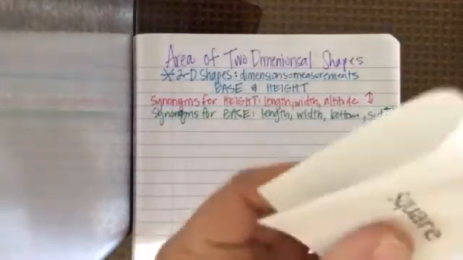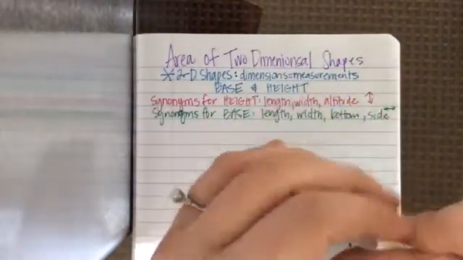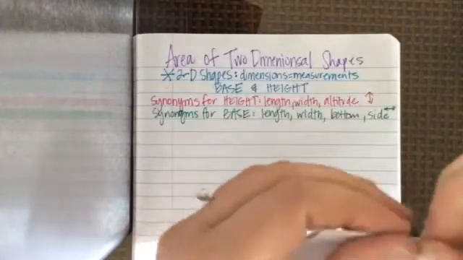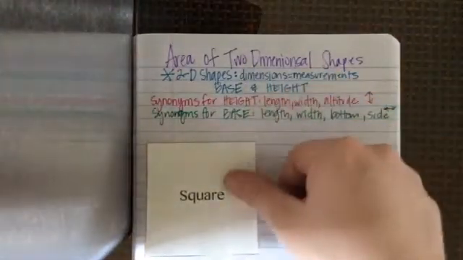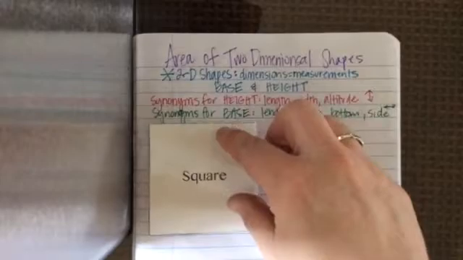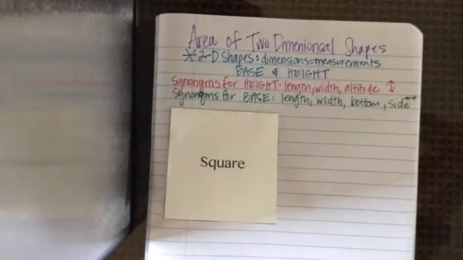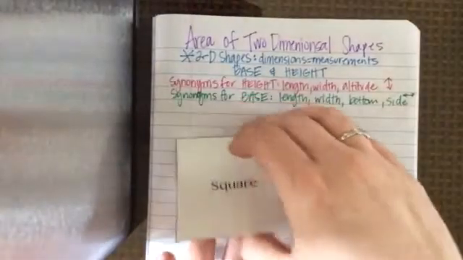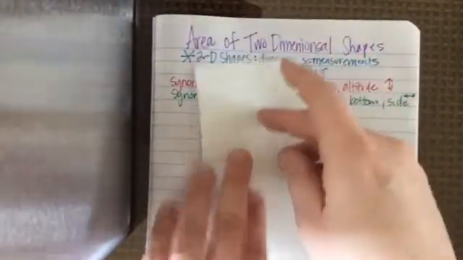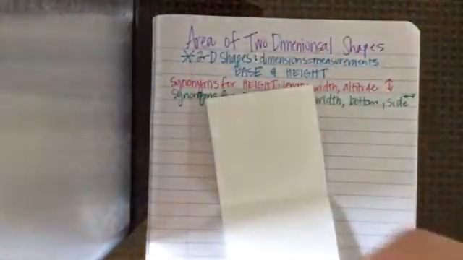I'm going to glue these down in a second, but it's easier sometimes to write on them when they're not glued into our book. So I'm going to put square here. So I'm going to open it up. Let's define what a square is, right?